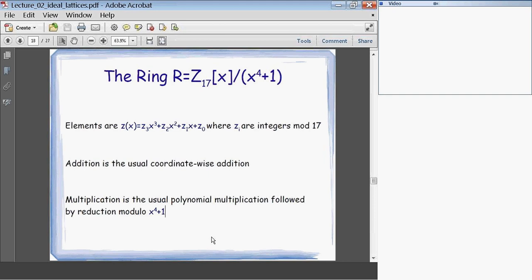To give you a simpler example, let's look at the case of Z17 divided by x^4 plus 1. So in other words, our dimension in this case is limited to 4, and our modulus q is set to 17. It's very simple. What it means is that we will have polynomials with a maximum power of 3, and each coefficient in this polynomial representation will never be larger than 16.